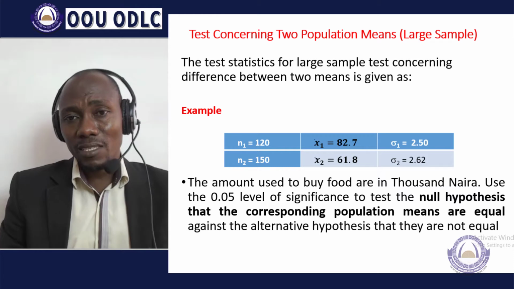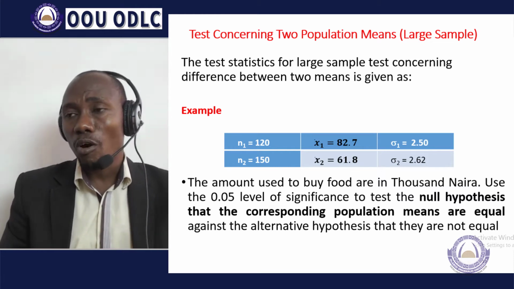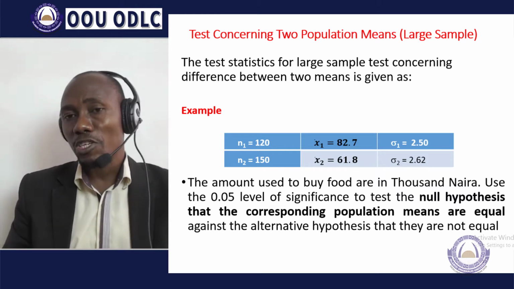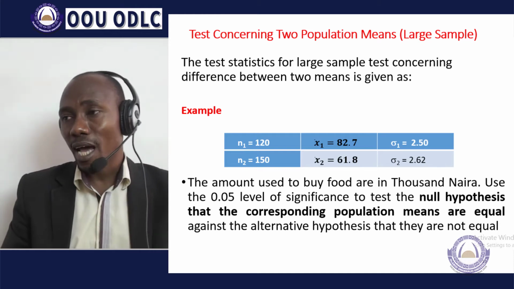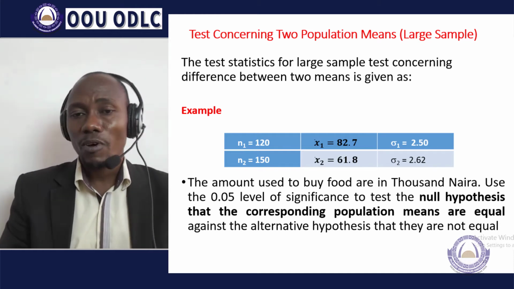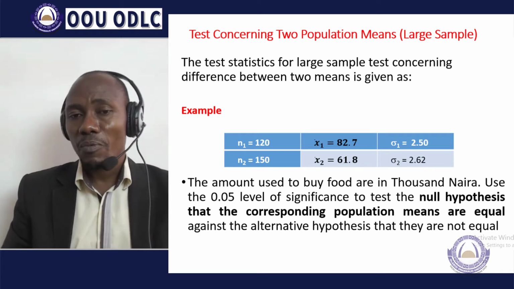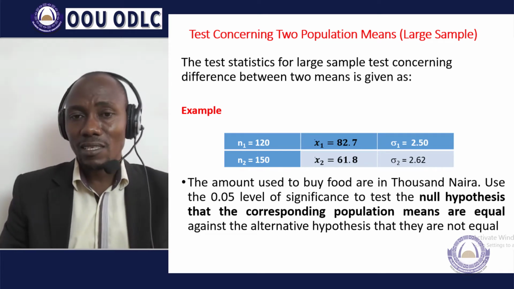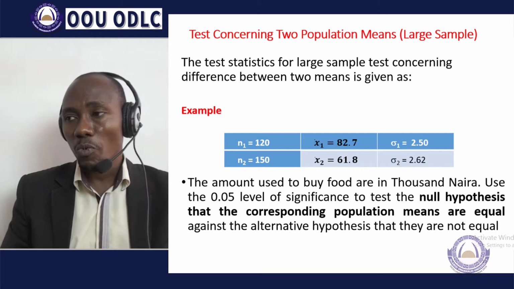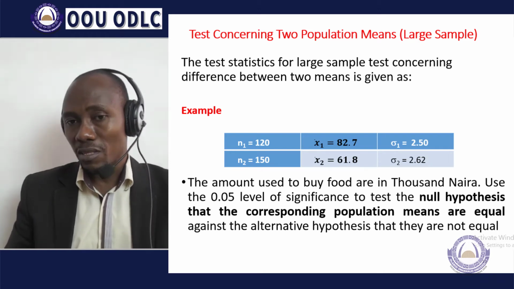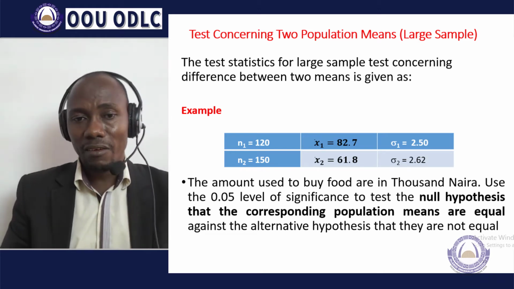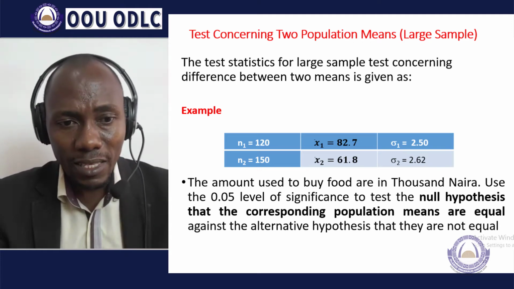Another hypothesis testing is for us to compare two population means when the sample size is large, that is, small letter n is greater than or equal to 30. And in this case, we shall be making use of the Z statistic test, but with more than one sample mean and standard deviation. So let us take an example.